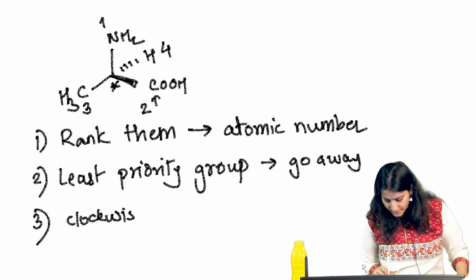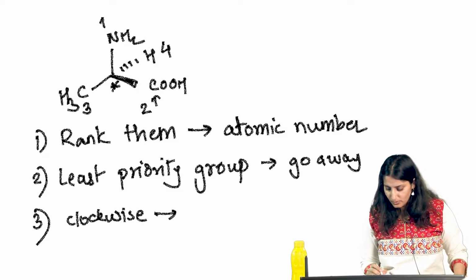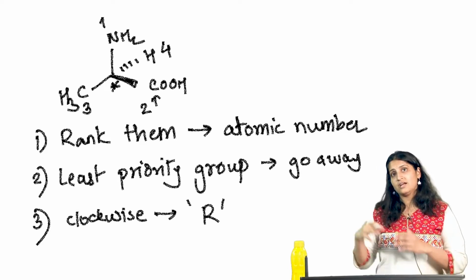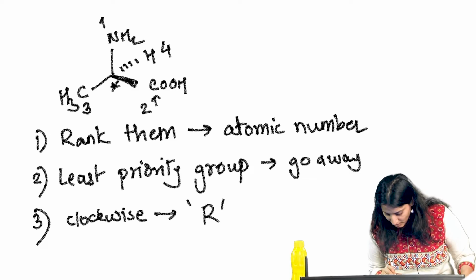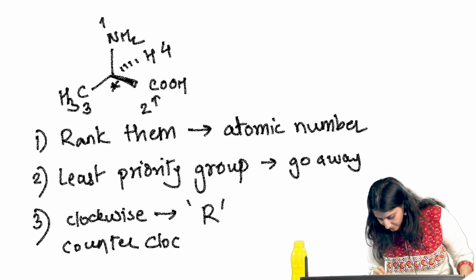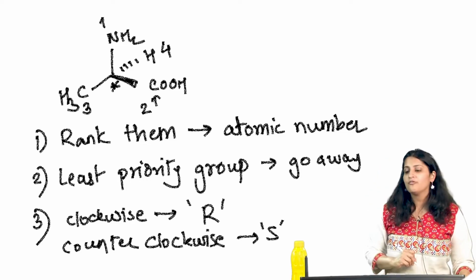If they go clockwise, then you are going to call them R, which stands for rectus, and if they are counterclockwise, then they will be called S for sinister.